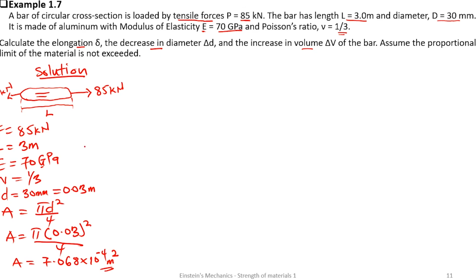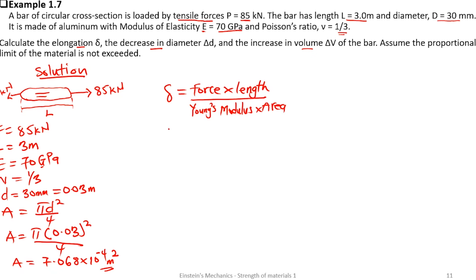Now let's come to the question. Calculate the elongation produced. From episode 2, we deduced the formula for elongation, where we said elongation is the force times the length over the Young's modulus times the area.